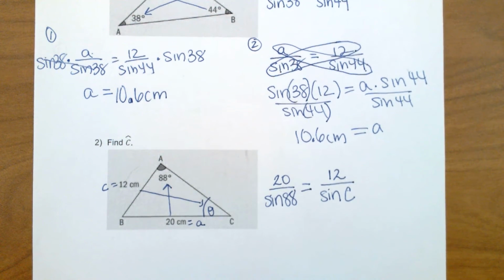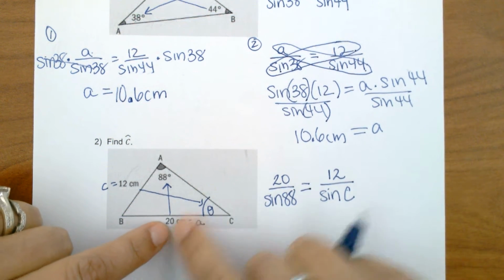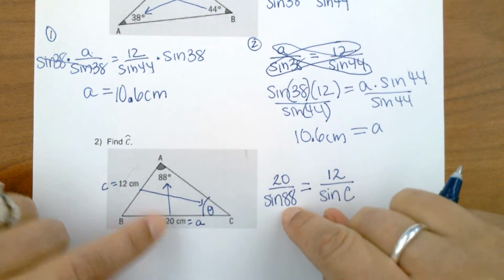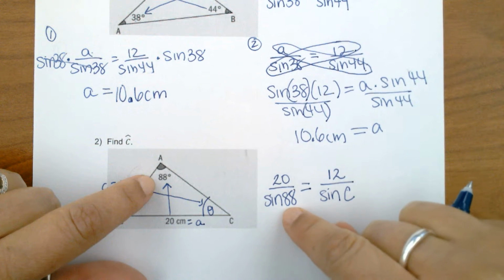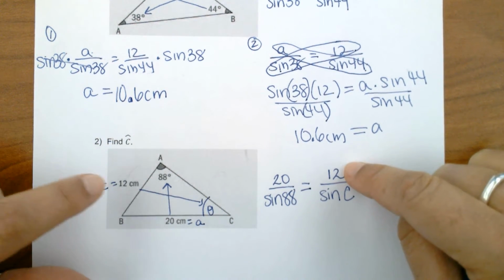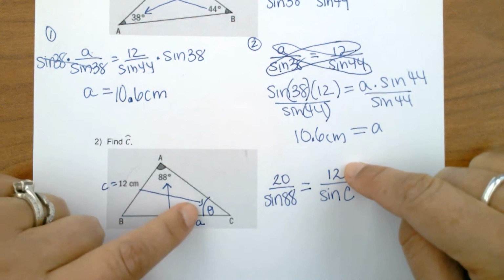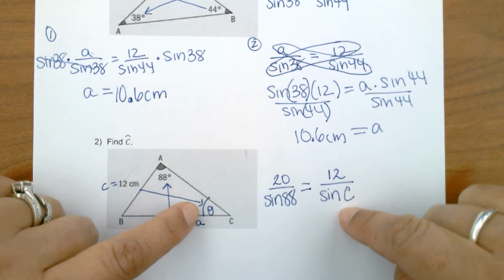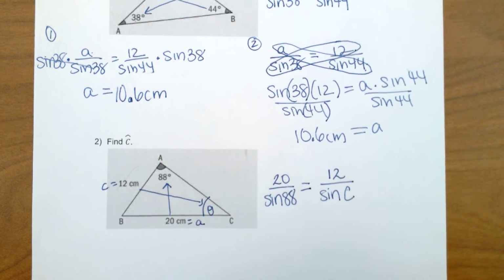If you want to match the letters up, that's fine. But again, I like just picking out that the side goes in the numerator and the sine of the opposite angle goes in the denominator. That's how I like to remember the sine formula.